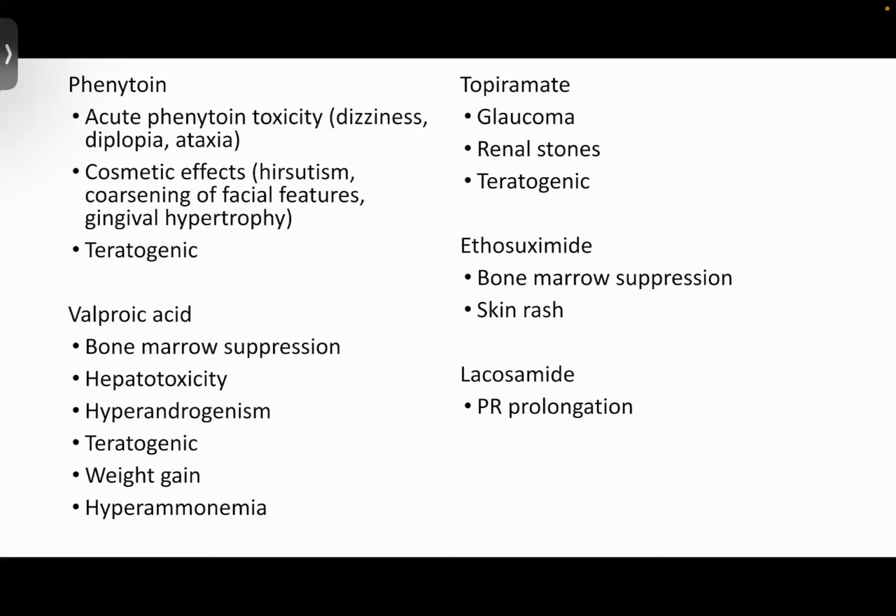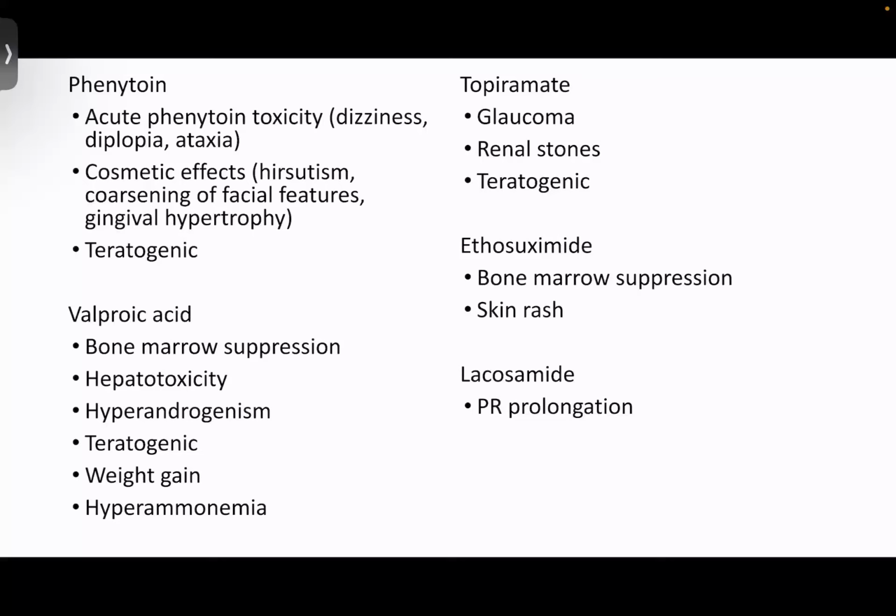And phenytoin is associated with cosmetic side effects like hirsutism, coarsening of the facial features, gingival hypertrophy, and it is obviously teratogenic. And valproic acid, again, it can cause bone marrow suppression. Again, it is hepatotoxic.